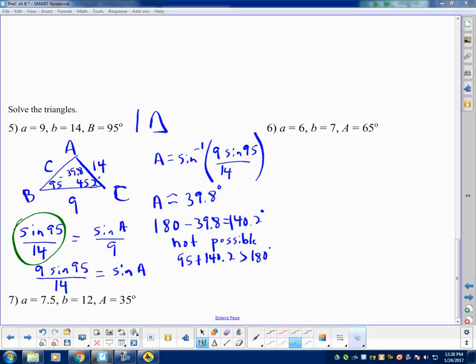So sine 95 over 14 equals sine 45.2 over C. Cross multiply, solve for C. And I got C equals, to the nearest tenth, 10.0. So now I've solved that triangle.